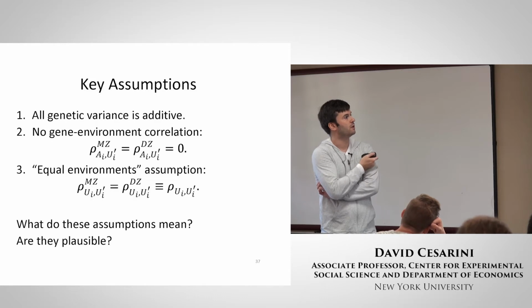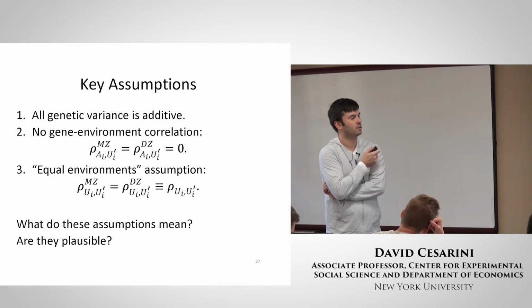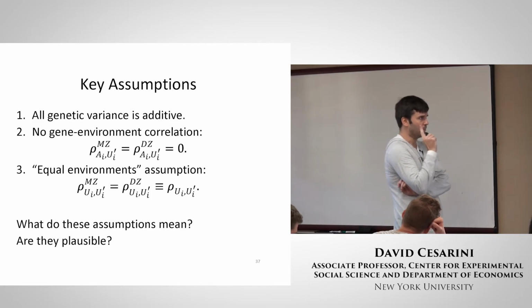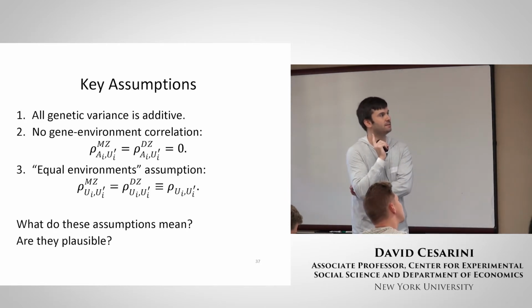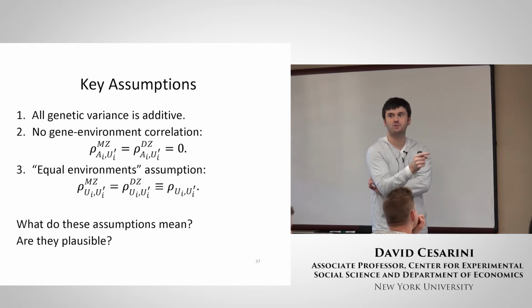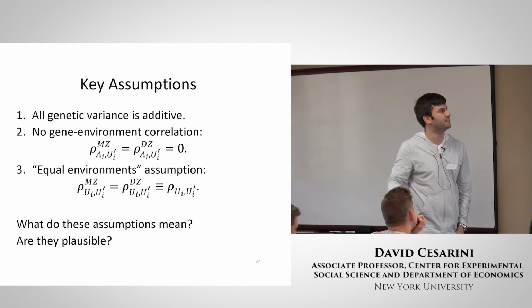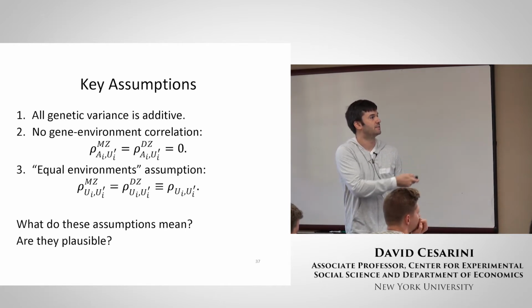Okay. So what are we assuming? We're assuming that all the genetic variance is additive. We're assuming that there's no gene-environment correlation. And importantly here, by gene-environment correlation, we don't mean the environment that mediates genetic effect. We mean the environment that varies independently of our G's.